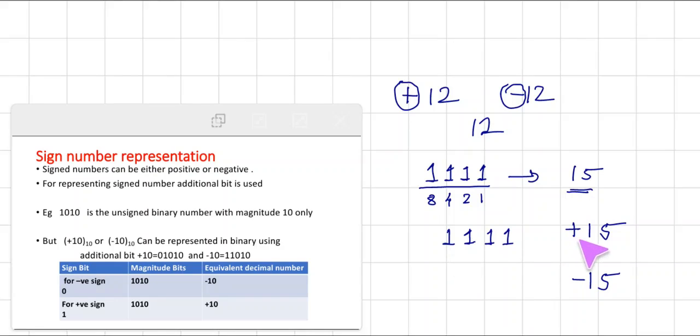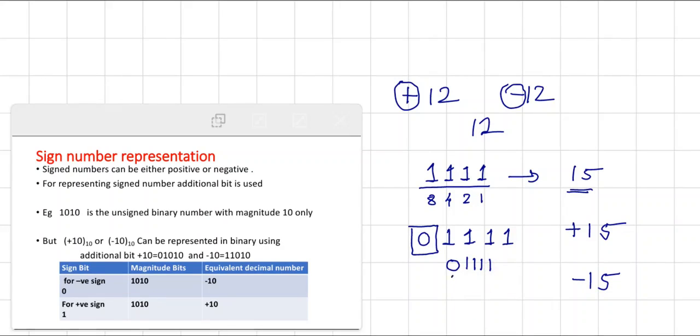But how can we represent it as a positive number? For that we need to write an extra bit to the left of the number. If here we write the digit 0, so the code becomes 0 1 1 1 1, this is the way a signed number can be represented in the binary number system.